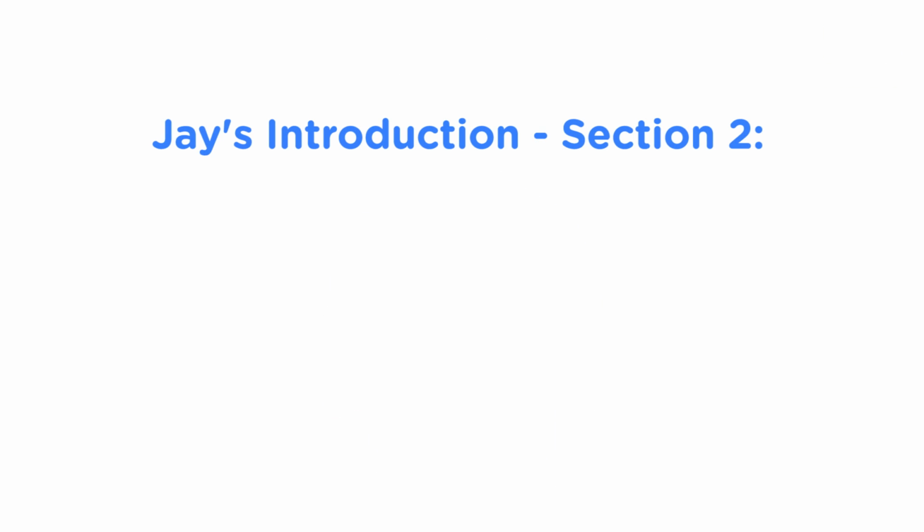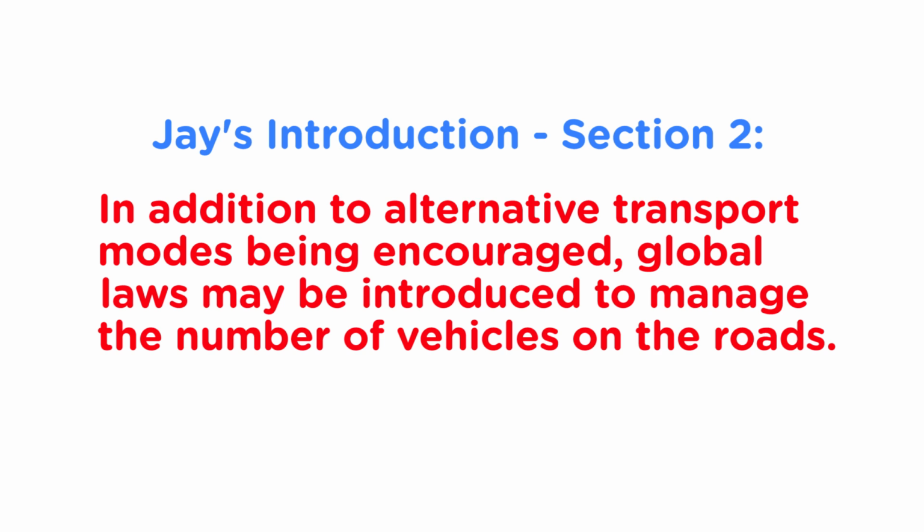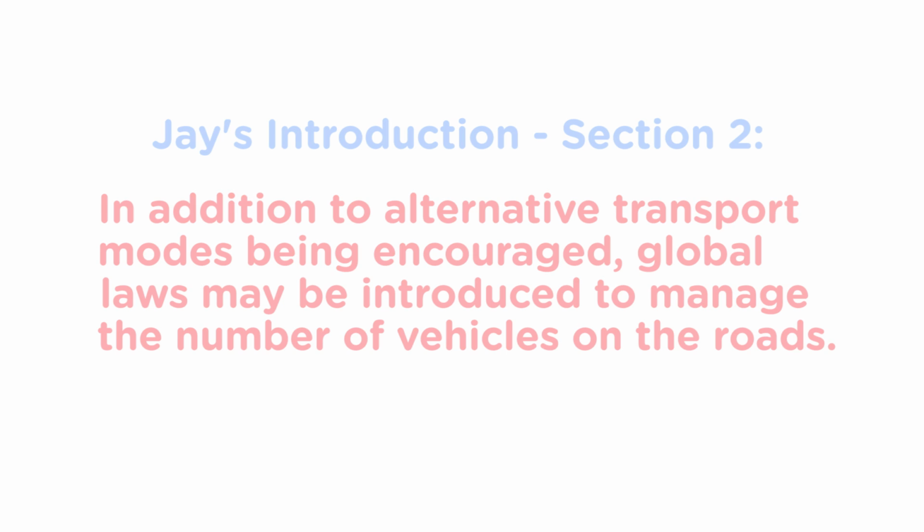Again, keep it broad, but make sure you're saying the same thing, not something different. Let's look at what I wrote. In addition to alternative transport modes being encouraged, global laws may be introduced to manage the number of vehicles on the roads. What I've written here says the exact same thing as section 2, but just in different words.